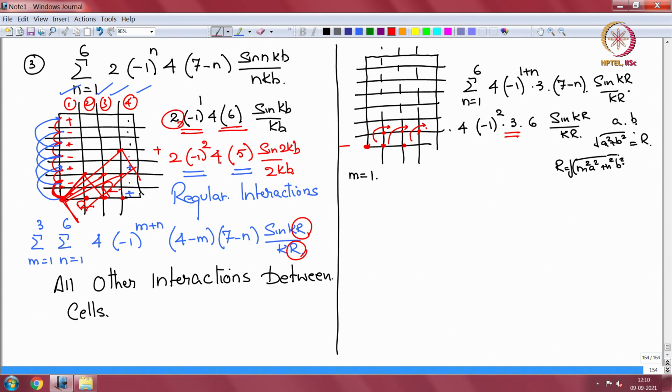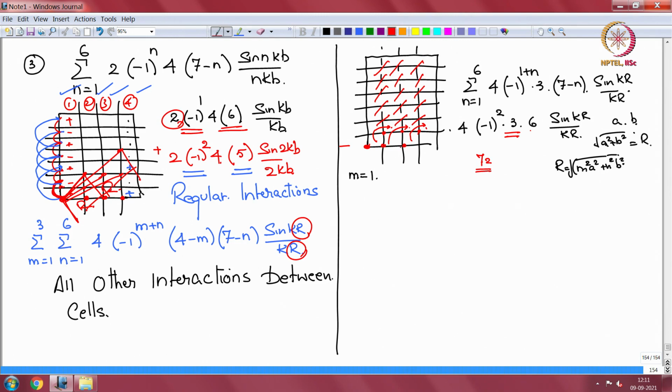Okay, now let us look at this. We have 3, 6. 3, 6 are 18, 18 times 4 is 72. Okay, so if we count 1, 2, 3, 4, 5, 6, 7, 8, 9, 10, 11, 12, 13, 14, 15, 16, 17, 18, right?